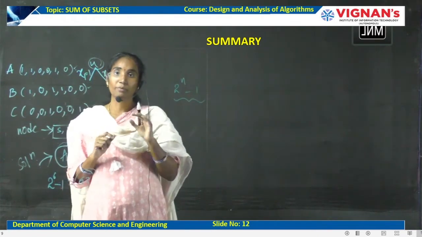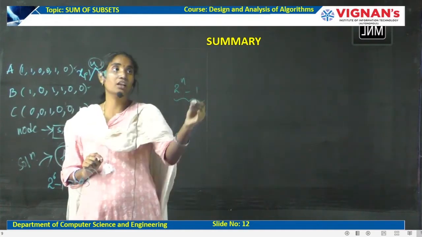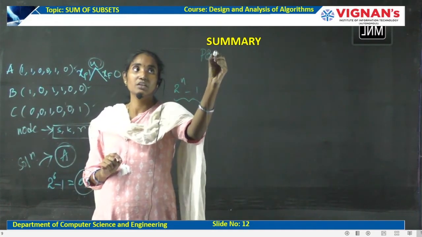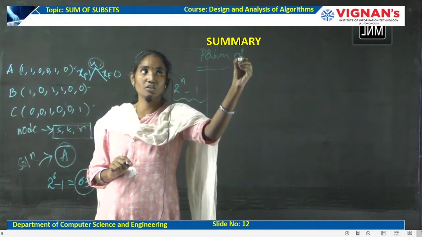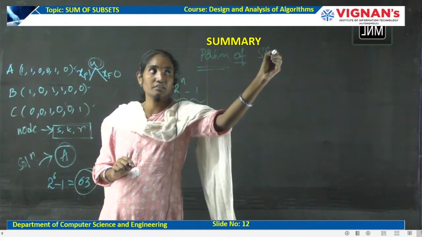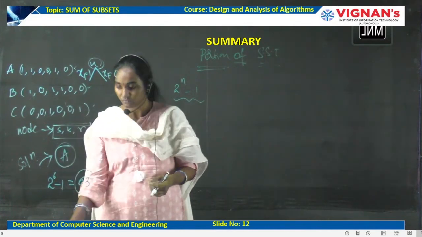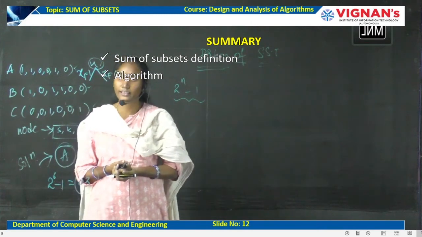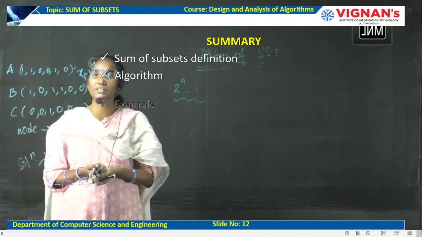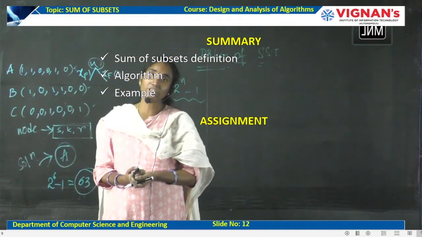That's why I'm not generating the entire state space tree, I'm only generating a portion of it, but not the full. So in today's lecture we have seen what is meant by sum of subsets, the problem definition, and also the algorithm and an example.